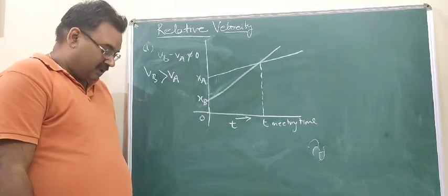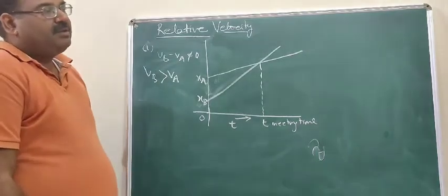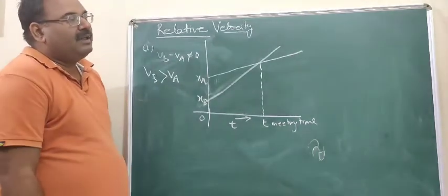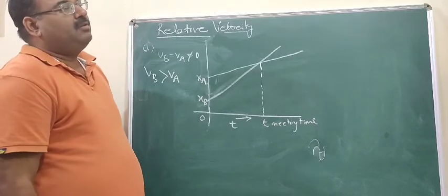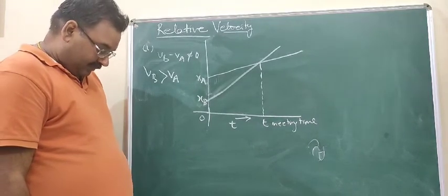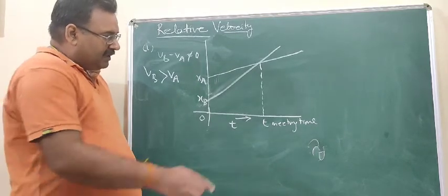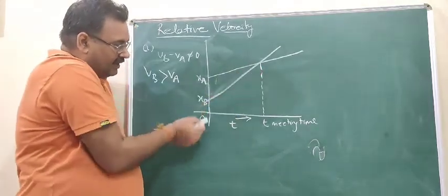So, v_B minus v_A will be positive. It means that object B will overtake object A. Okay? So, we notice that मिलने से पहले क्या है?